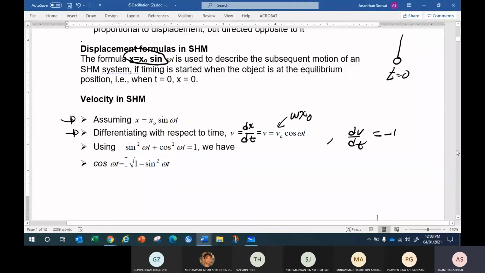Negative omega squared x naught cos, sorry, not cos, sine omega t. You got sine omega t. So this is the formula for acceleration.